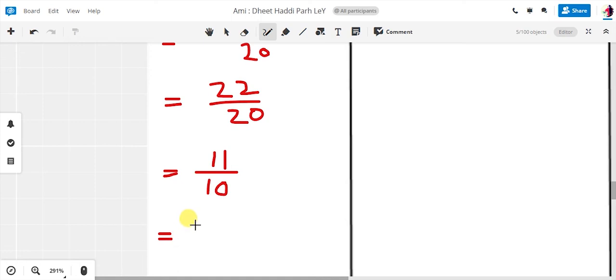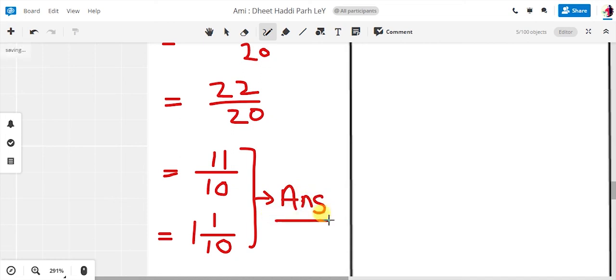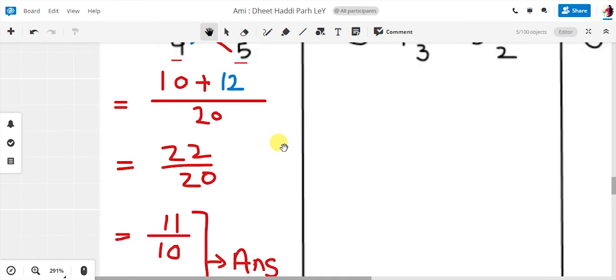So 1 times 10 is 10 and the remainder is 1. So our answer is 1 whole 1 over 10. We have already learned the conversion from improper fraction to mixed fraction. So both can be considered correct answers, either the improper fraction or the mixed fraction.